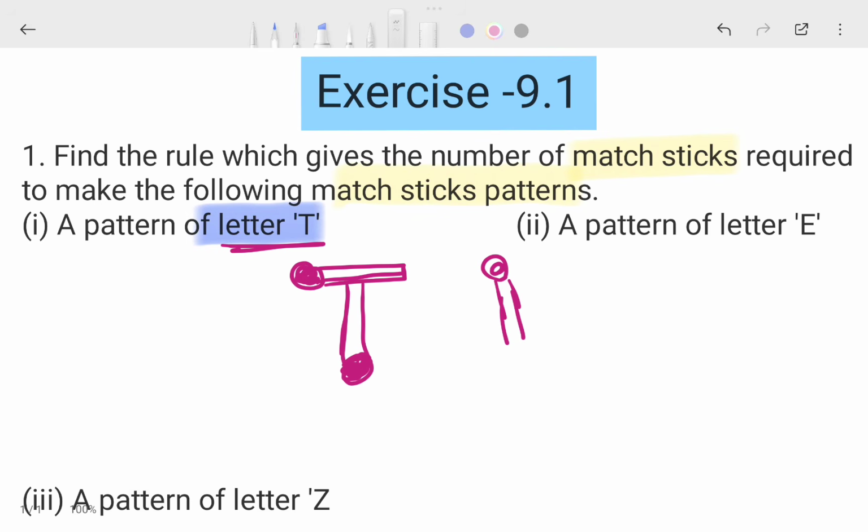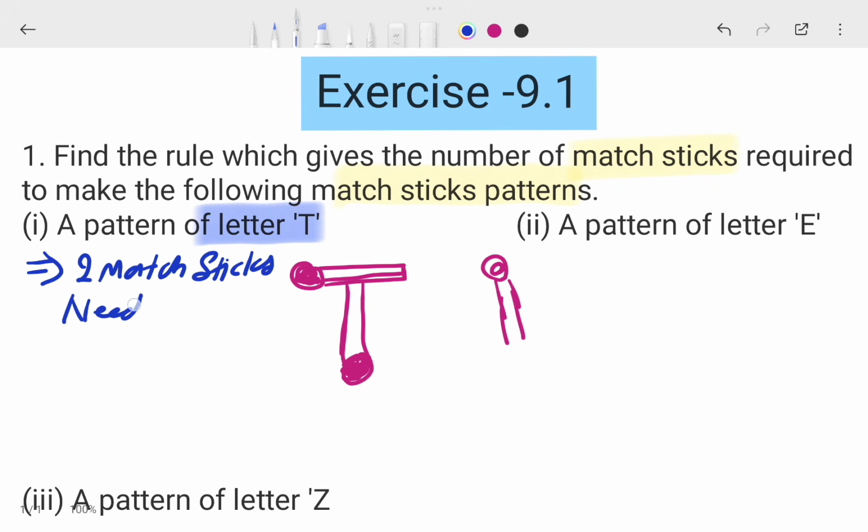So what are we going to write? Here I will write the answer. How many matchsticks do we need? Two matchsticks need to make the pattern.